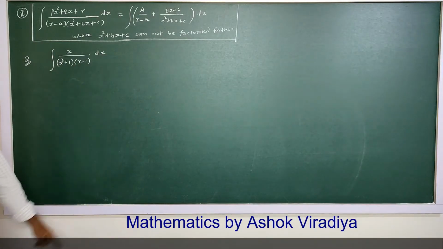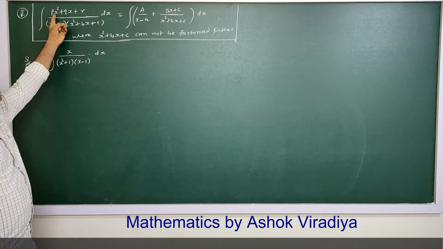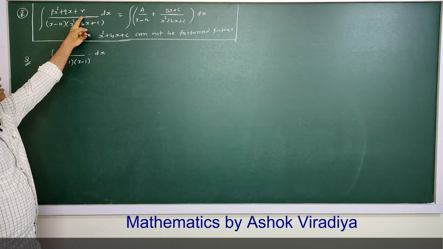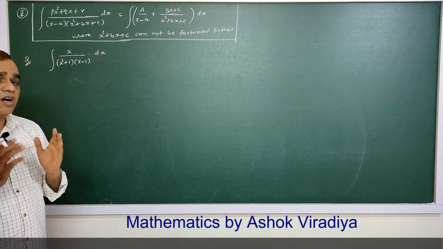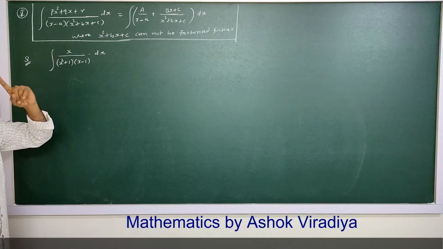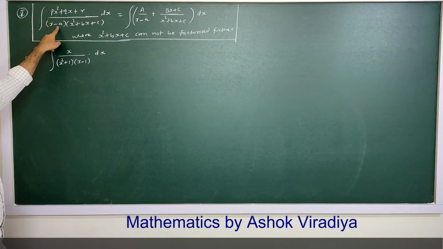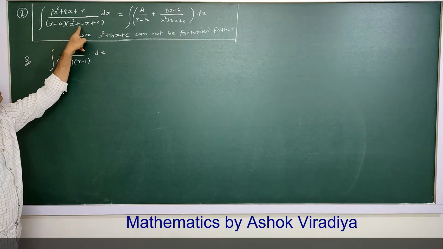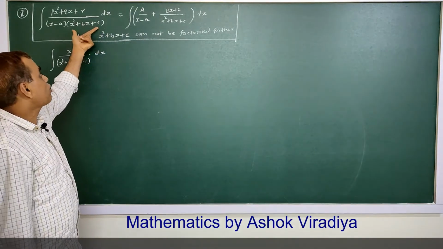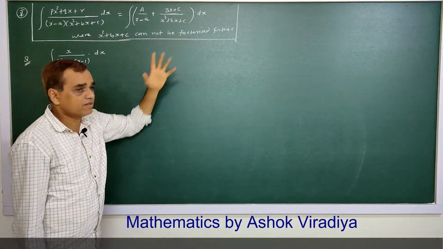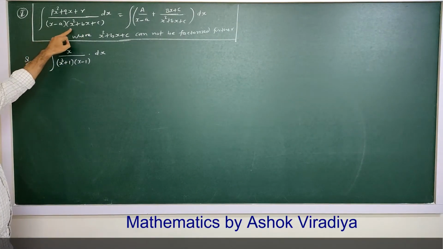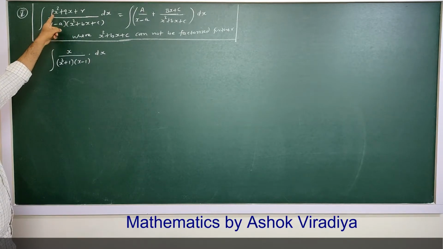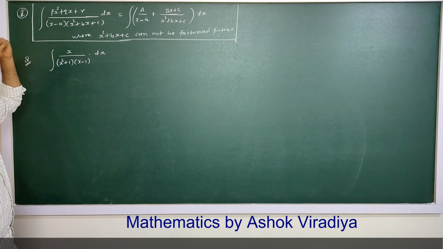Now the fifth variety: px square plus qx plus r upon x minus a into x square plus bx plus c. Observe the denominator. In the denominator, this is a linear factor and this is a quadratic factor. This quadratic factor cannot be factorized further. So the degree of the denominator is 3 and the degree of the numerator must be less, 2 or 1 also allowed.